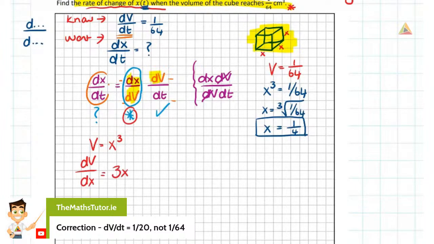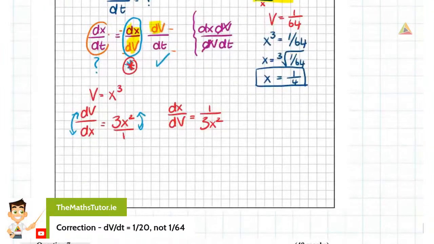So that should be multiply down by the power, reduce the power by 1, 3x squared. But as you can see from our star here, it's dx dv we want, so it's just a matter of flipping these two. So dx dv is going to be 1 over 3x squared, because remember that sits in an invisible 1.